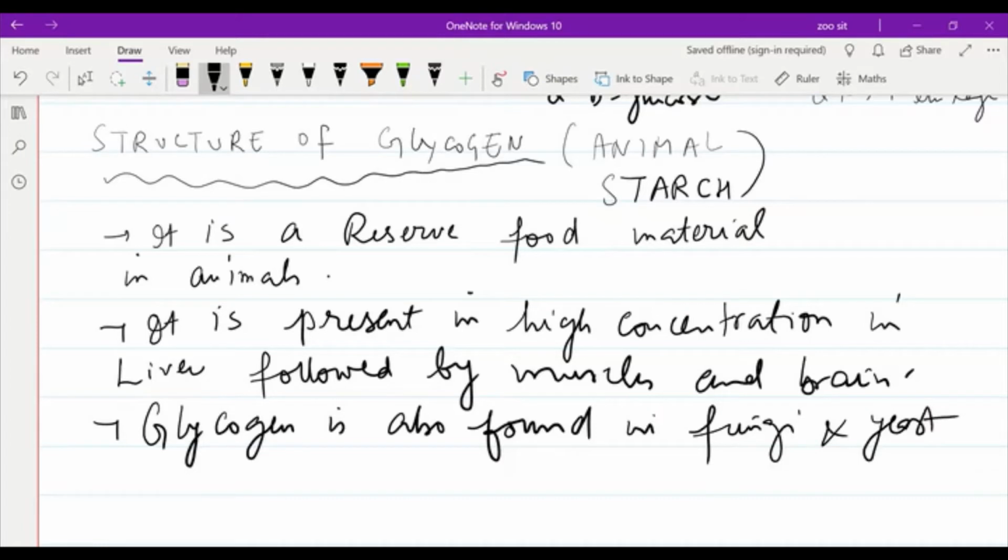So glycogen is also found in fungi and yeast, which are actually achlorophyllous. They also store the carbohydrates in the form of the polysaccharide known as glycogen.